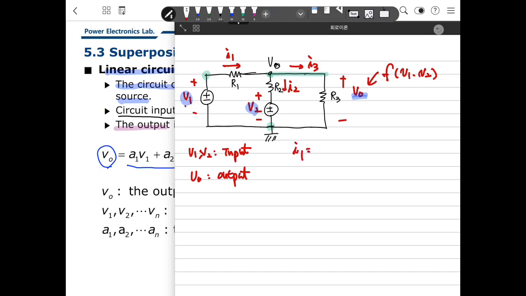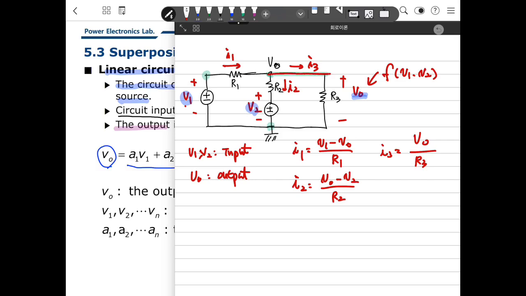So what is I1? I1 is V1 minus VO, divided by R1. And what is I2? I2 is VO minus V2, divided by R2. And what is I3? I3 is VO divided by R3. So based on this node, we can make a node equation.